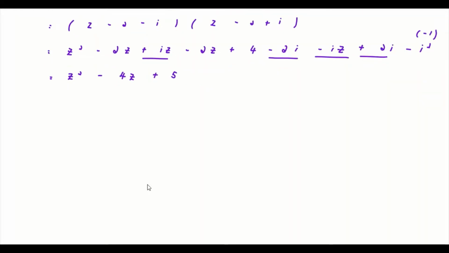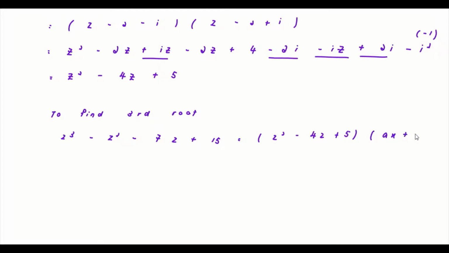To find the third root, you can imagine that z cubed minus z squared minus 7z plus 15 will be equal to the quadratic equation that we have here, multiplied with one linear factor. So we can let the linear factor be az plus b. I hope that you get what I mean here.